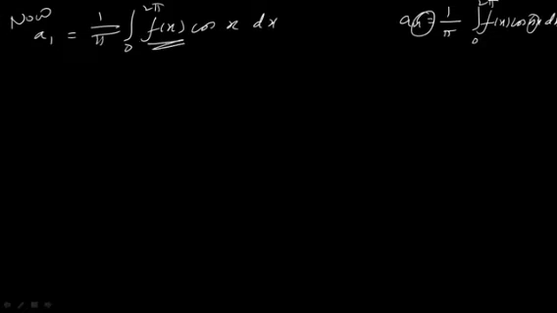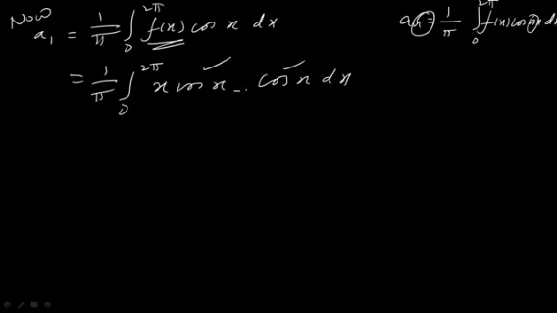Next step, replace f of x by the given function. Here f of x is x cos x, product cos x dx. Cos x product cos x is nothing but cos square x, isn't it? 0 to 2π x cos square x dx.